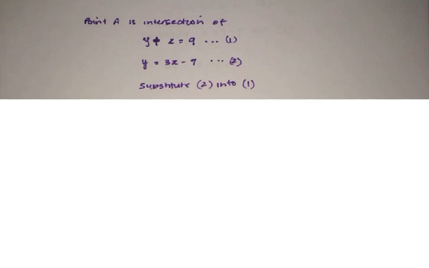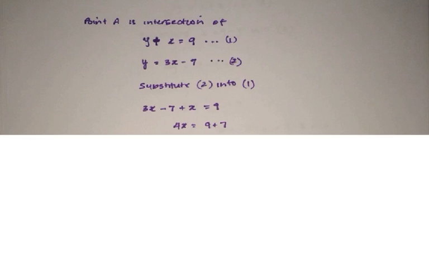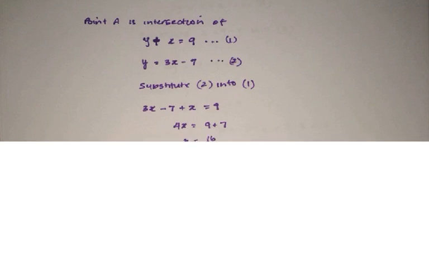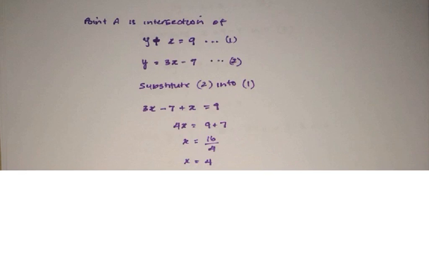What we're going to do is substitute our equation 2 into equation 1, and we end up with 3x minus 7 plus x is equal to 9. We put all the x's on one side and all the numbers on one side to end up with 4x is equal to 9 plus 7. So 4x is equal to 16. And then we divide both sides by 4 to end up with x is equal to 16 divided by 4. So x is equal to 4.